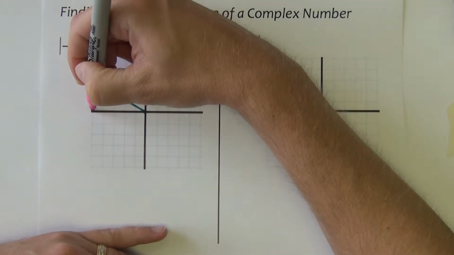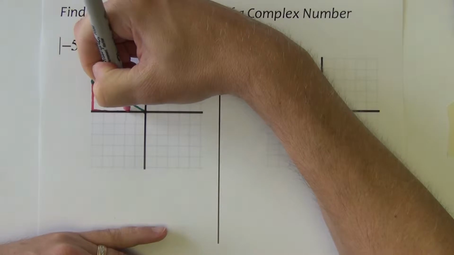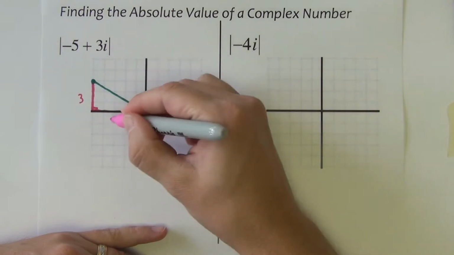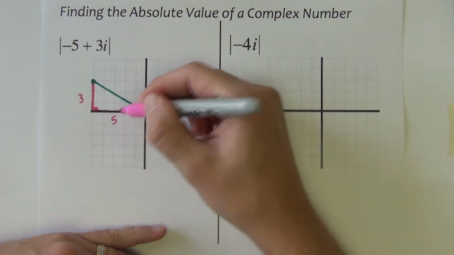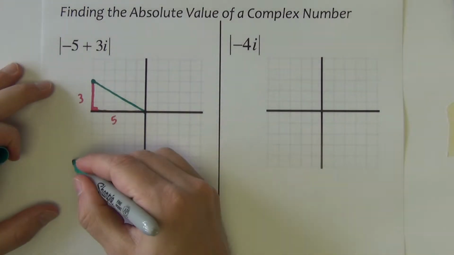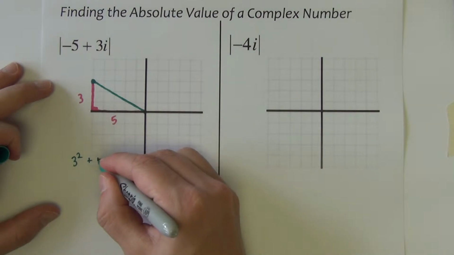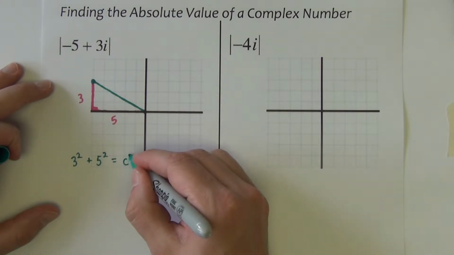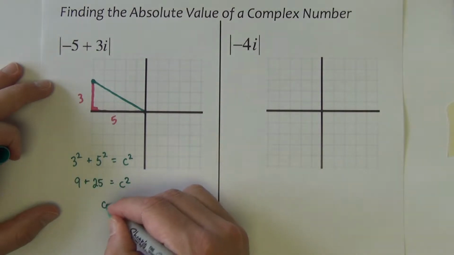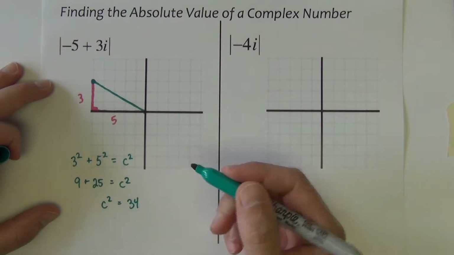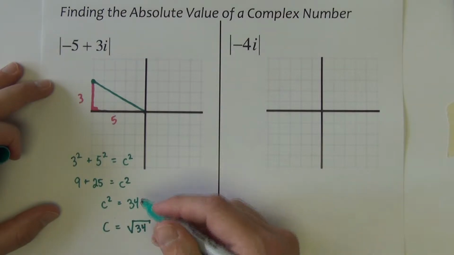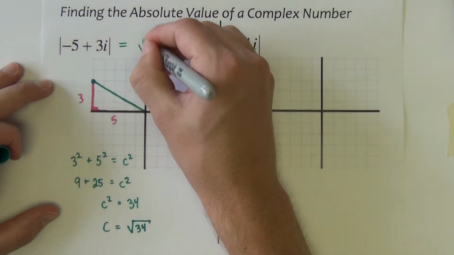If I come down and across, make a right triangle, the distance up is 3, the distance across is 5, and so we can find the length of the hypotenuse by doing 3 squared plus 5 squared equals c squared. That's 9 plus 25 equals c squared. So c squared is 34. Therefore c is the square root of 34. That is our absolute value.